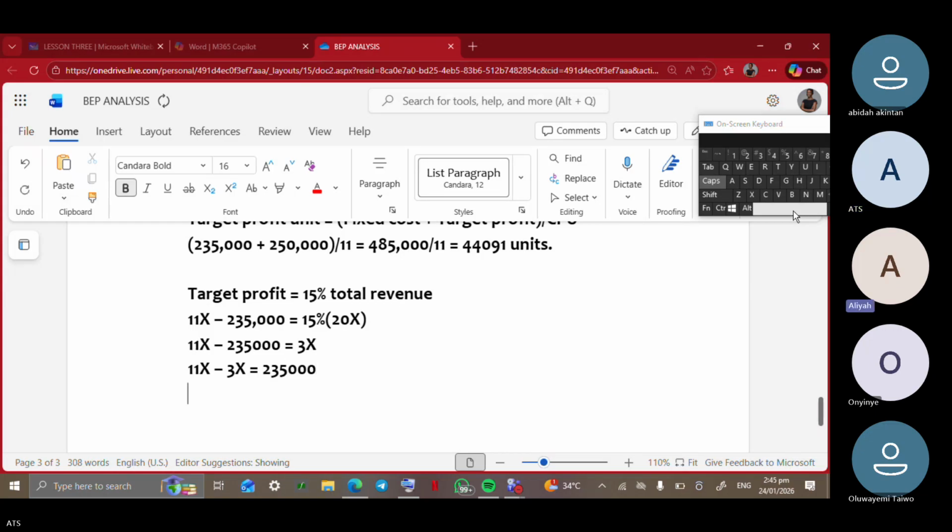That's 8x, so 8x is equal to 235,000. And x is what? 29,375. So basically, if you sell 29,375 units, you are going to make a profit that is 15% of your total revenue.